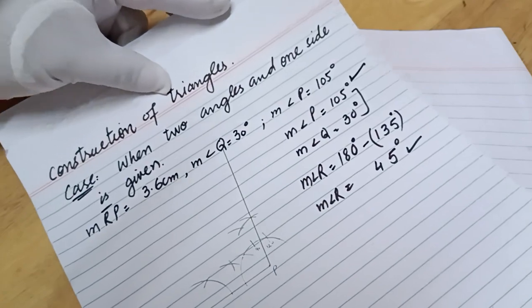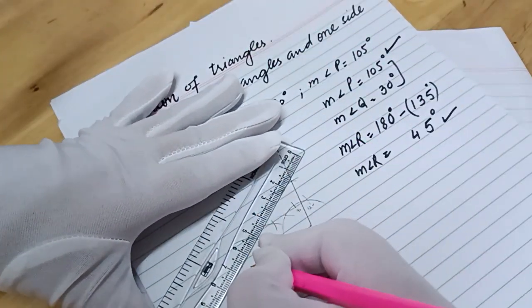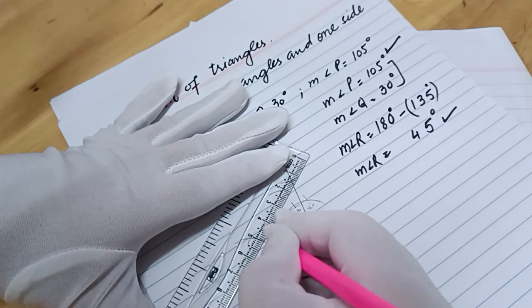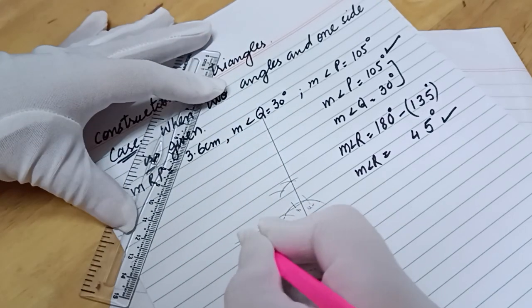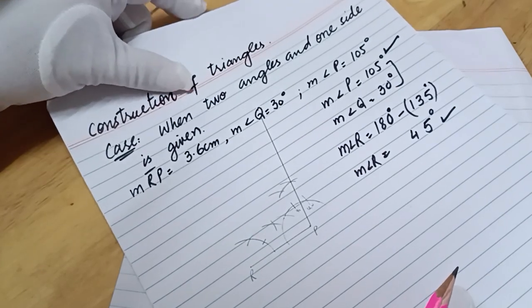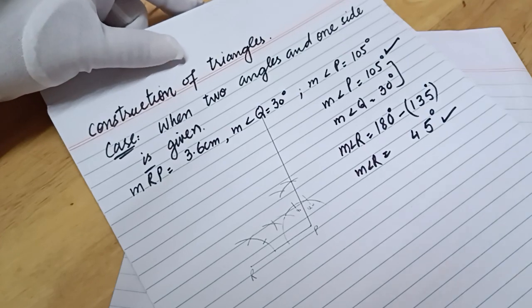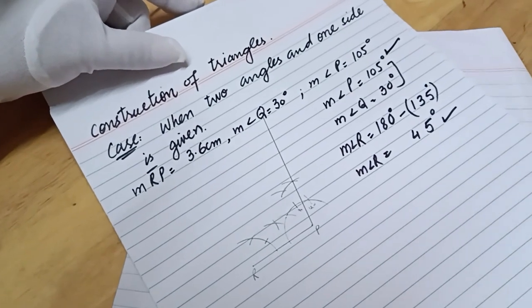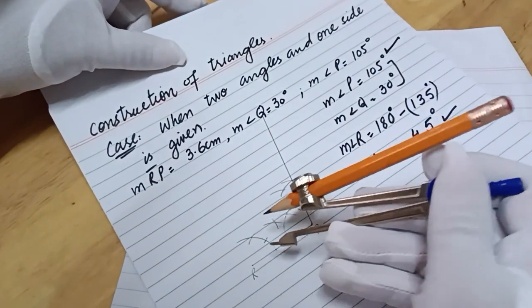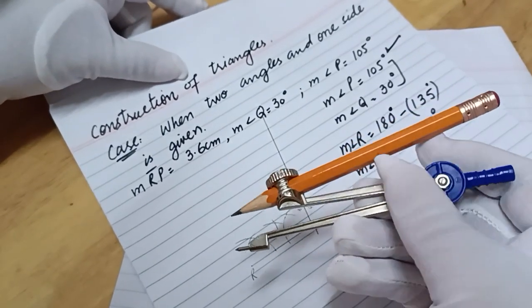As we don't want 30 degrees, we just make a reference point on the basic arc of the semicircle. Now we want the bisection of 30 and 60 to get 45 degrees.